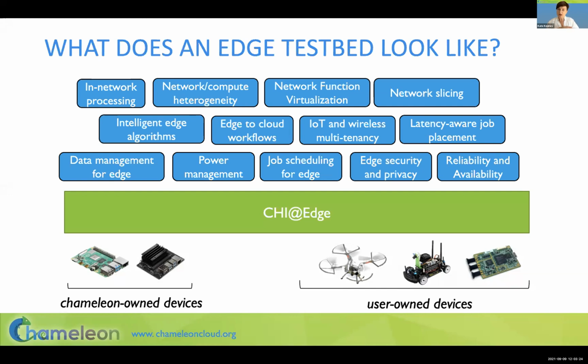So CHIEdge as a platform is fantastic for computer science experimenters, but maybe not fantastic for application projects. However, if you add job scheduling or workflow management or data management, it becomes much more attractive to domain scientists, to those emerging applications that we would like to support.